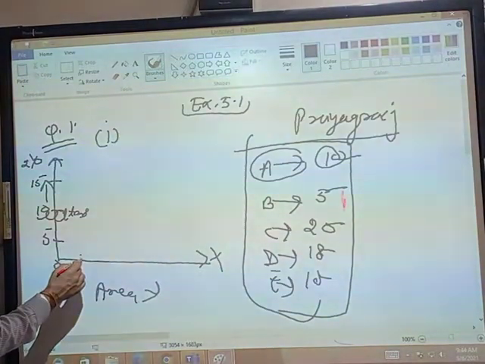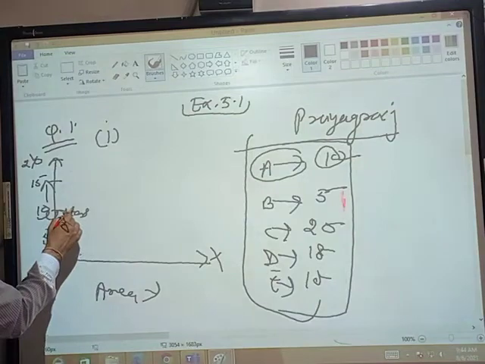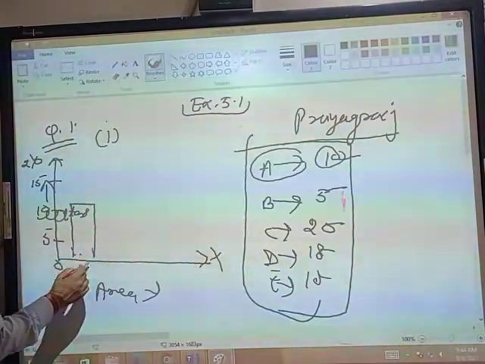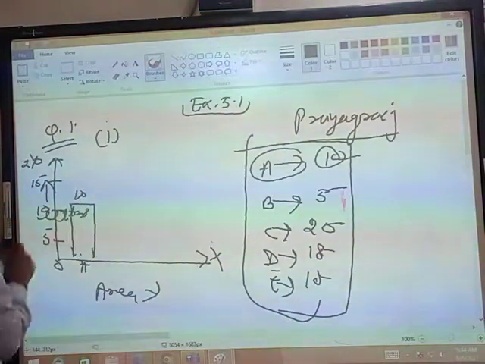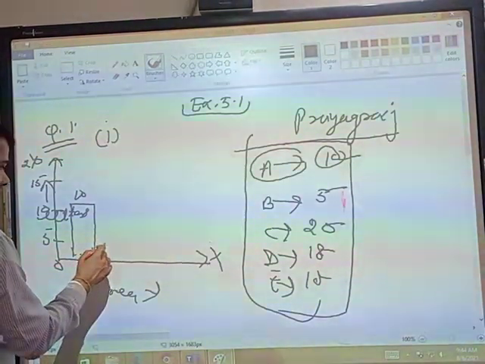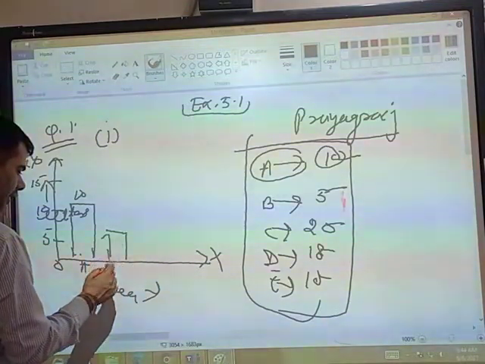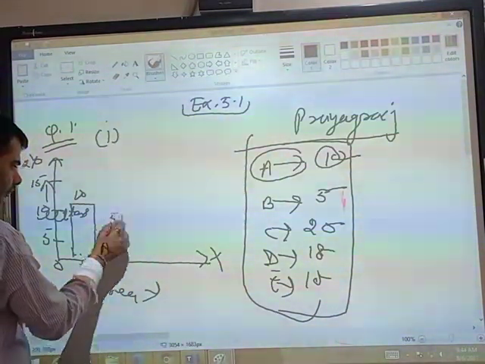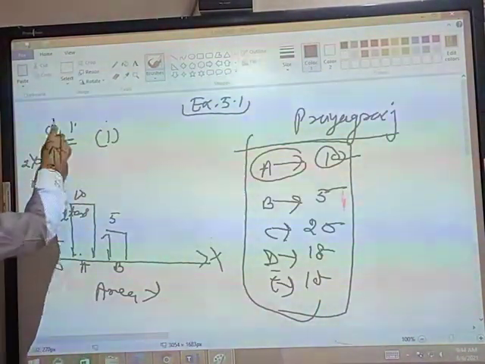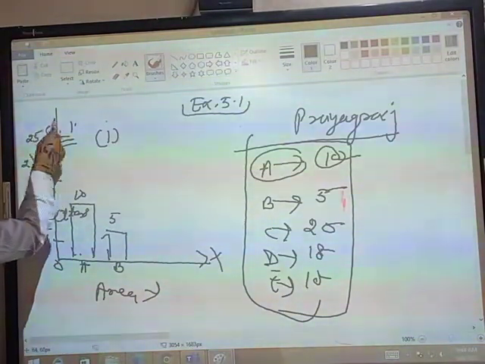In area A, the number of letters distributed by the postman is 10. In area B, 5 letters. In area C, there are 26 letters.